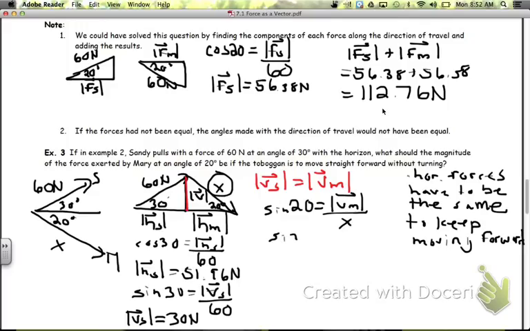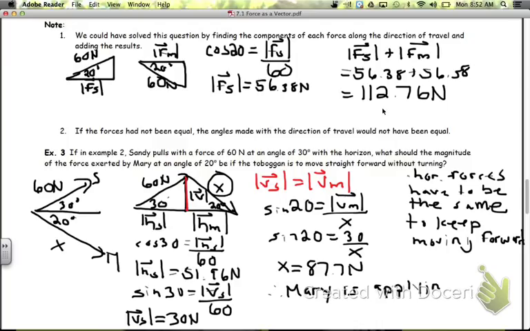So sine 20 will be equal to 30 over x. When we rearrange here, we get x is equal to 87.7 newtons. So therefore Mary is applying a force of 87.7 newtons.